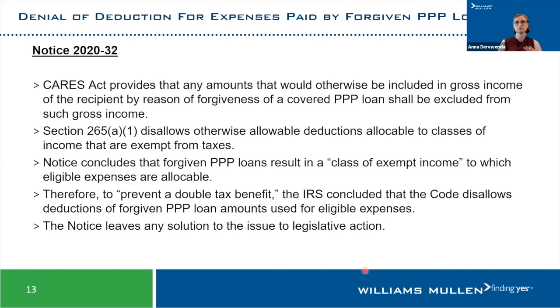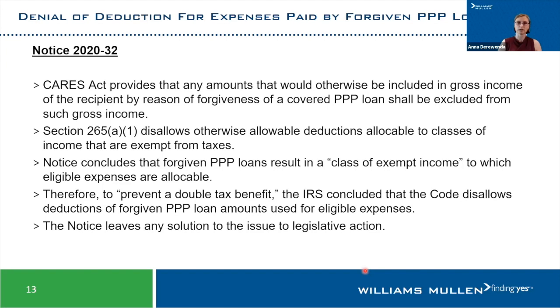One issue that came up out of the CARES Act that folks are waiting on and sort of struggling with at the moment is the denial of deductions for expenses that are paid by PPP loans that end up being forgiven.